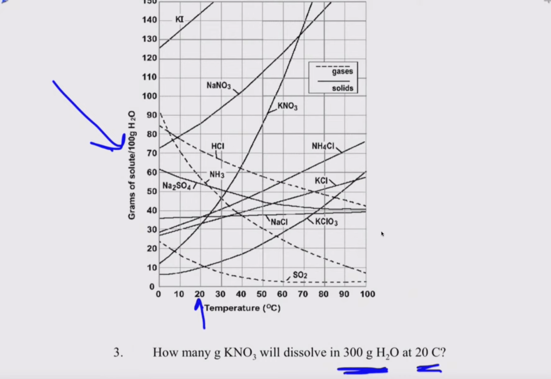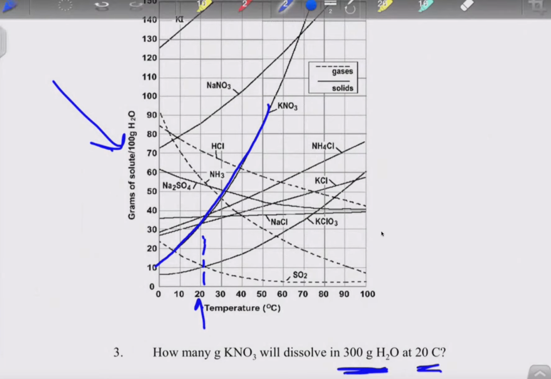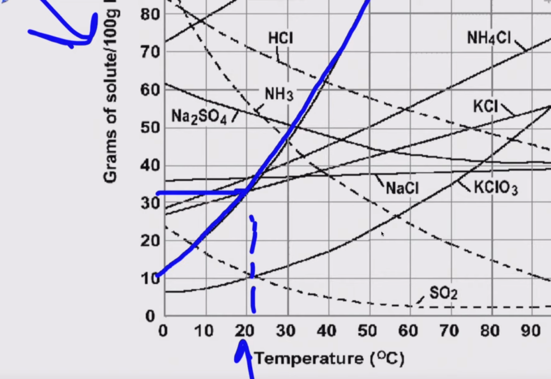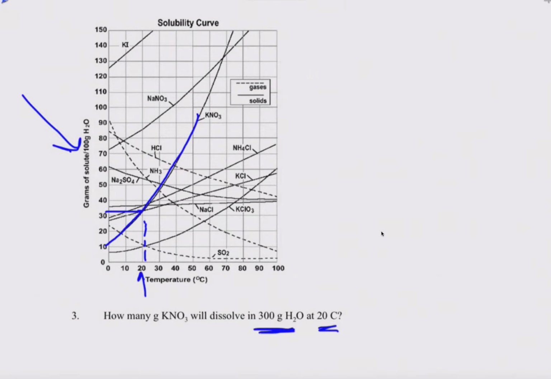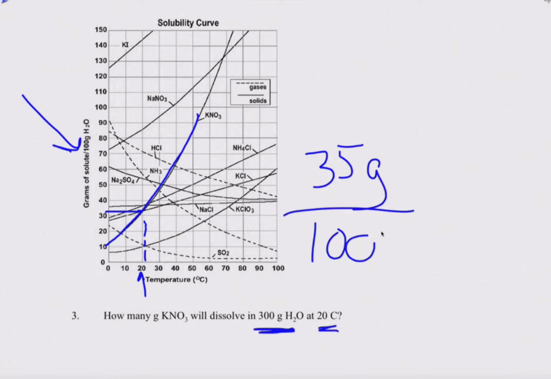So we're looking at potassium nitrate, which is this line here. And at 20 degrees, if we go up, it's right up just above the 30 here. If we zoom in a little, let's call it 35 just to make it a round or even number. So we could have 35 grams in 100 grams of water. That's what the chart shows us.